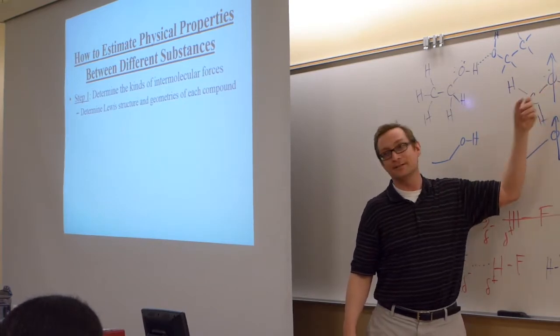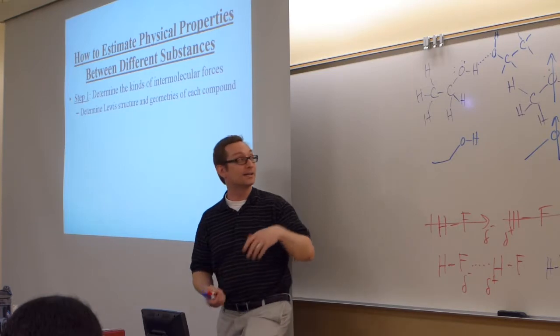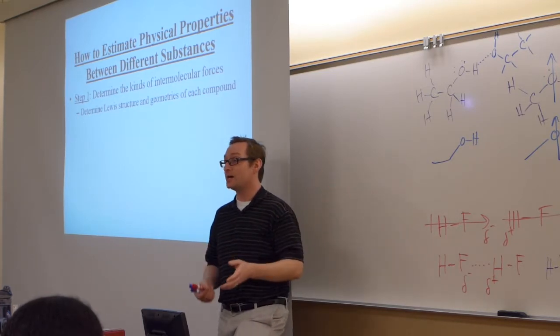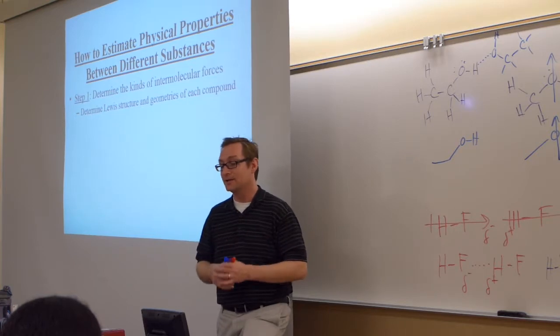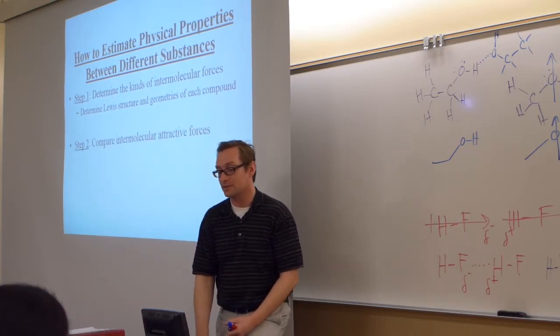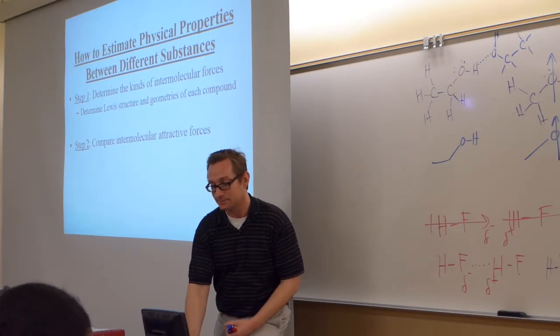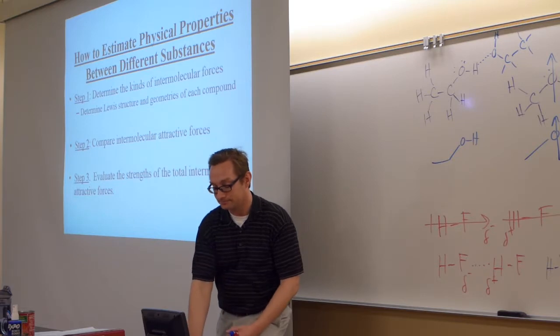This is bent right here, right? So ether has dipole forces, but ethanol has hydrogen bonding, which is even stronger. So from that we said ethanol has the higher boiling point. So you have to draw the structures, compare the intermolecular forces, and then evaluate their strengths.